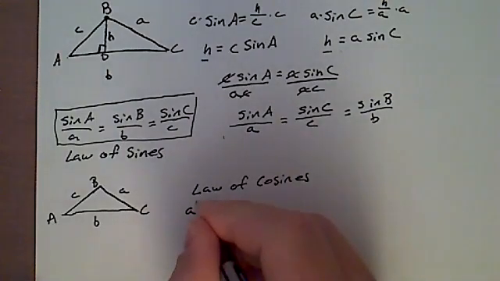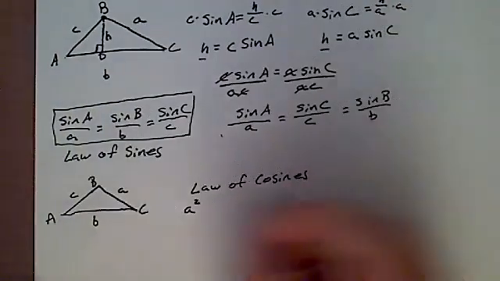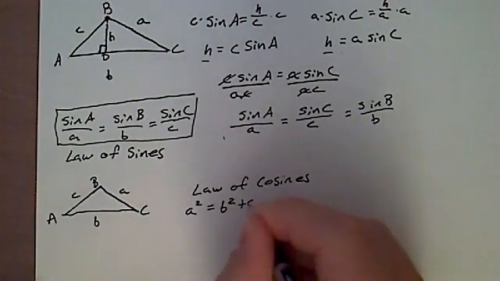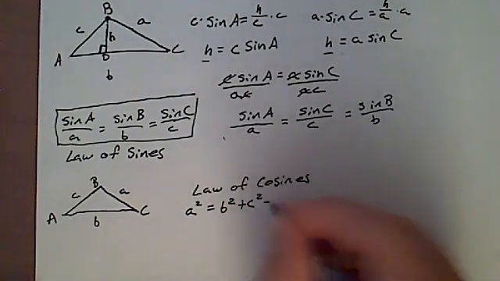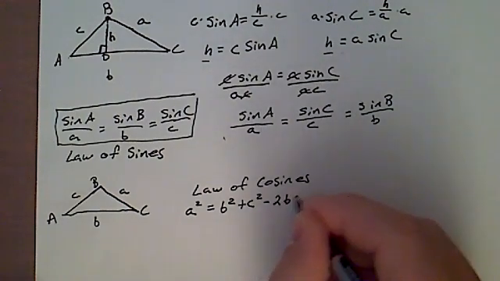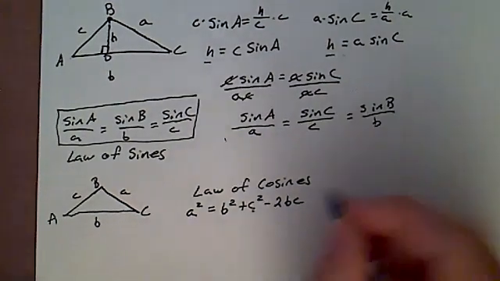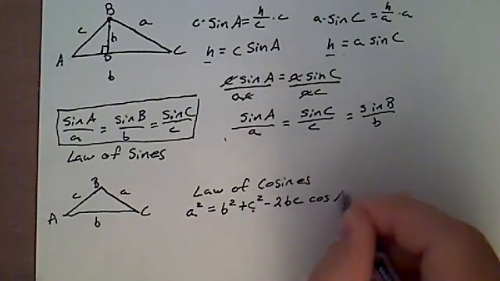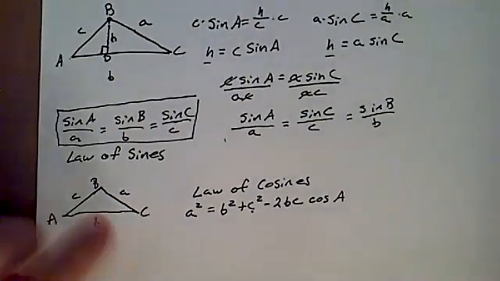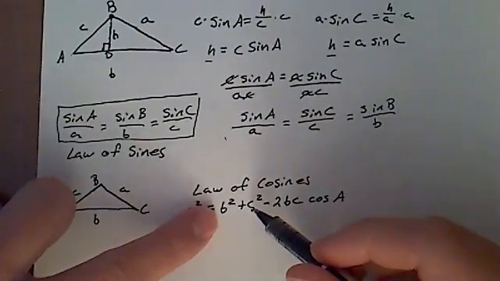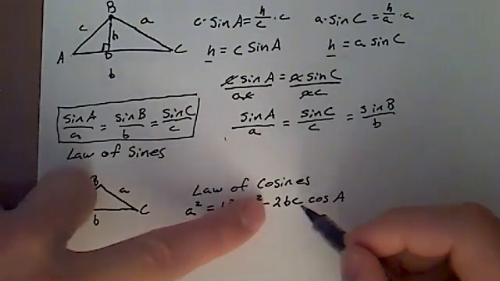It says that a squared, so the side opposite A squared, is equal to b squared plus c squared minus 2bc cosine of A. So we have the A's first and last, b squared plus c squared minus 2bc cosine A.